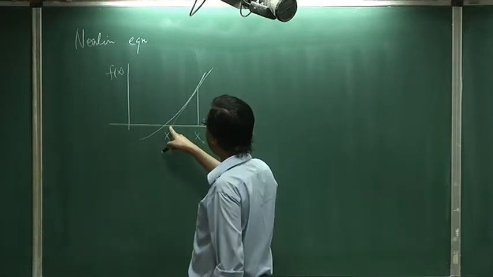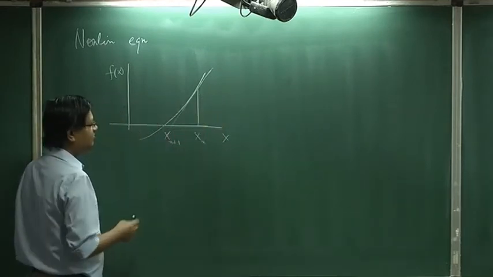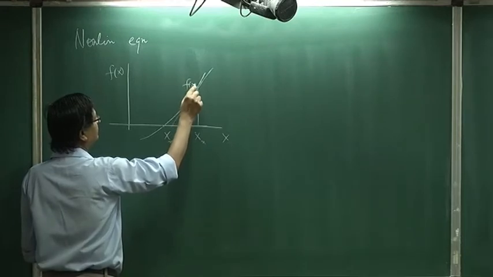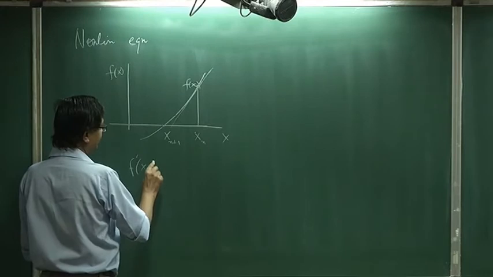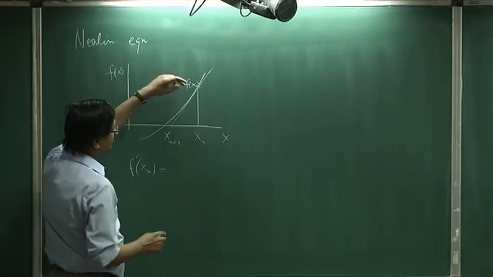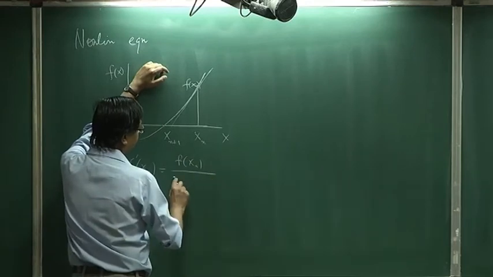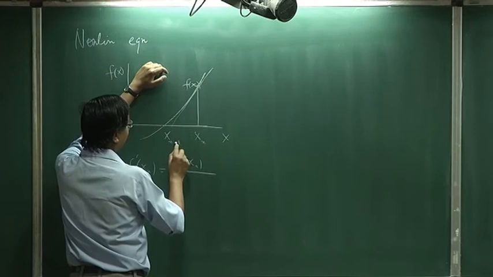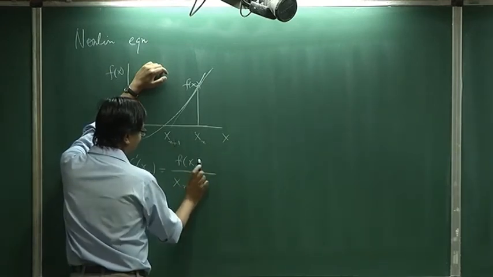So how do I find the value of xn plus 1? From the property of slope, this is f of xn. So f prime of xn, so I am finding the slope here, which is f of xn divided by xn minus xn plus 1.